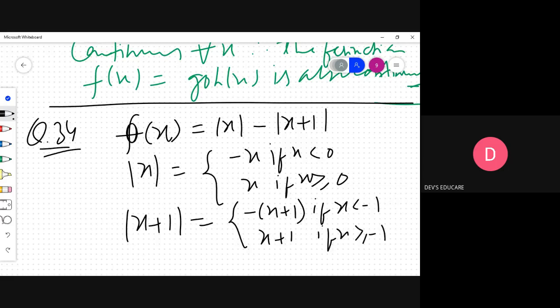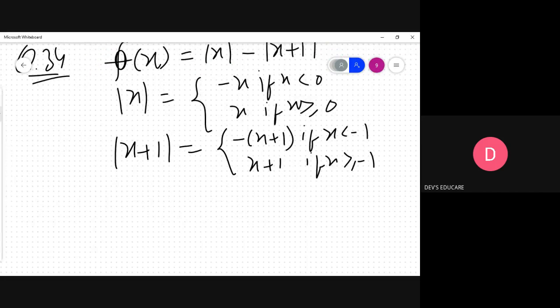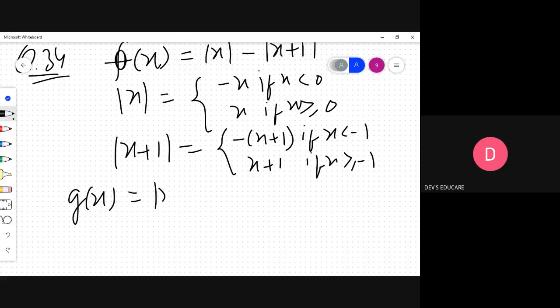So now we shall define the combined function f(x) equals mod of x minus mod of x plus 1. First case, x is less than minus 1. For x less than minus 1, obviously this will be negative. The first one is negative because for less than 0 it is negative, and for less than minus 1 it is also negative.